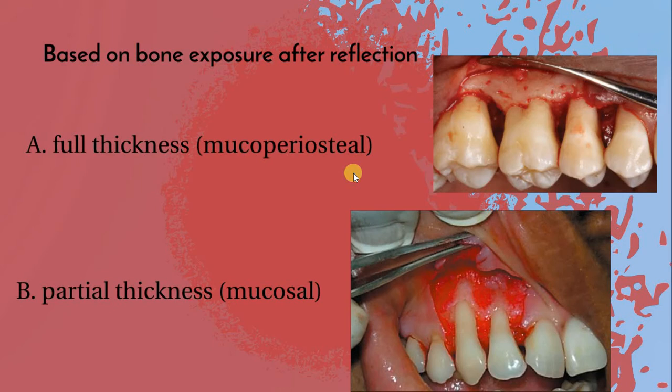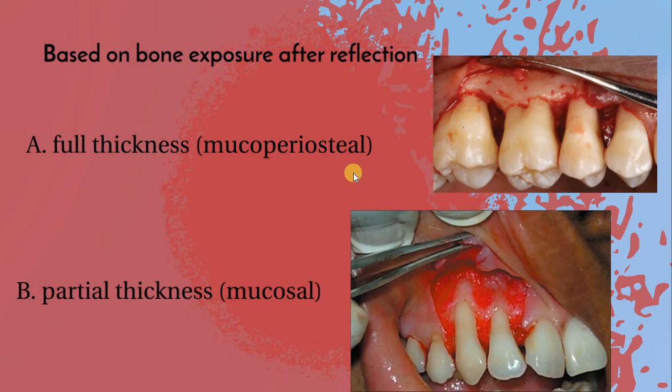For example, when we need to put a free gingival graft, we need an epithelium. We need a blood supply. We need a connective tissue. We can't fully elevate the flap and put an epithelium on bone without a source of blood supply.